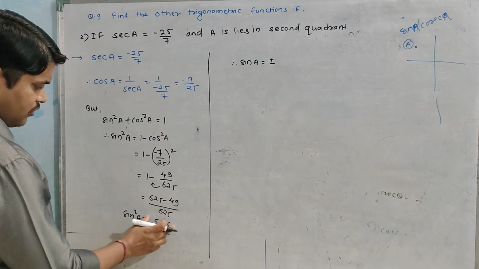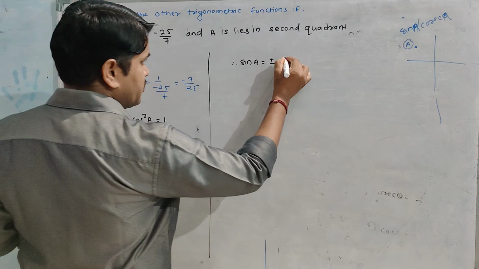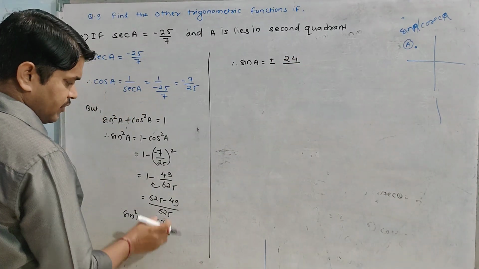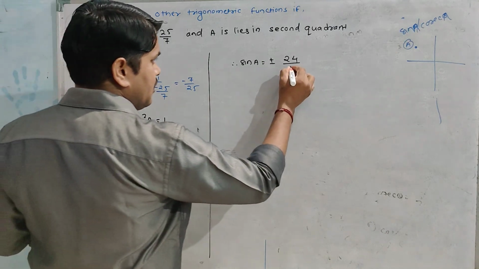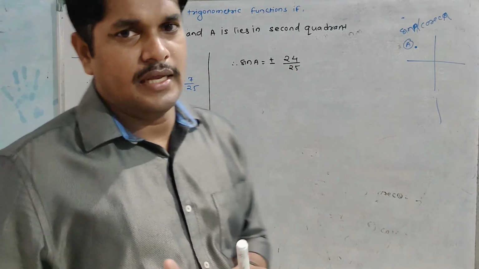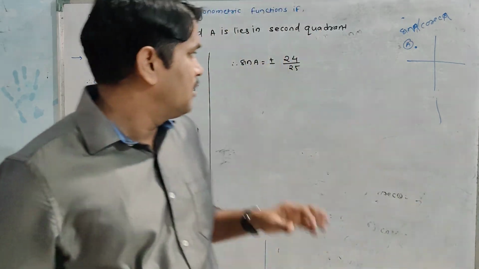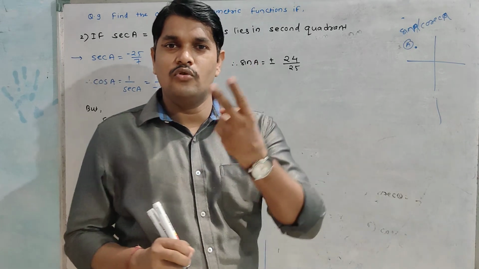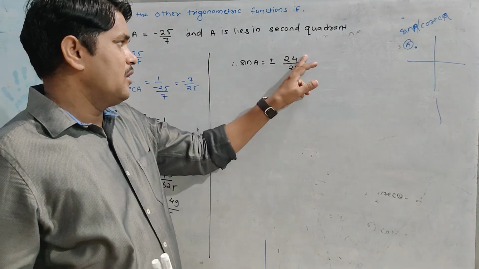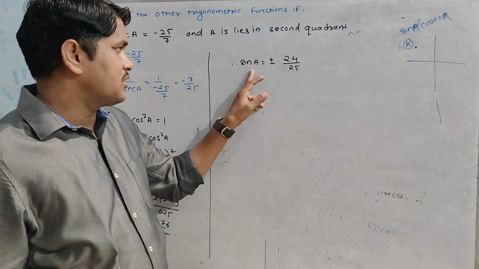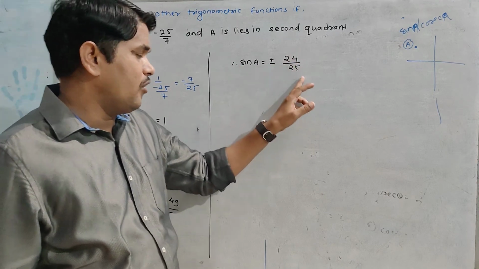If we take the square root, the square root of 576 is 24, and the square root of 625 we already found is 25. Now we have two values of sine, plus or minus: sin A is equal to plus 24 upon 25 or sin A is equal to minus 24 upon 25.